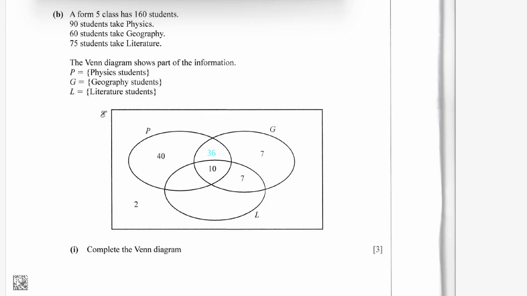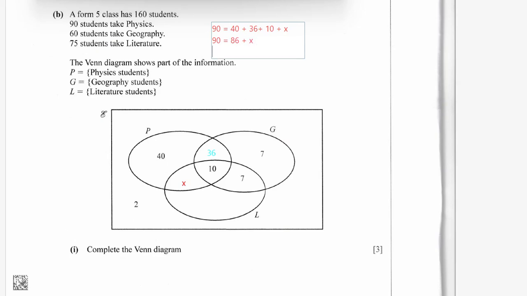Maybe let's use X. There are 90 students who take physics, and in the physics section you have 40 plus 36 plus 10 plus X, which means 90 is equal to 40 plus 36 plus 10, that is giving me 86 plus X.